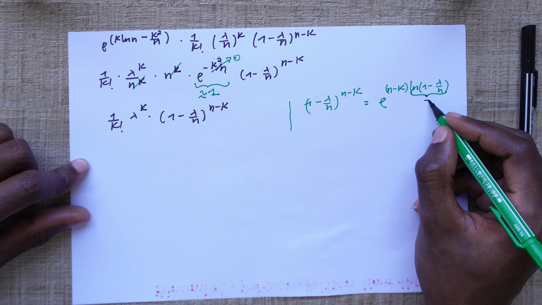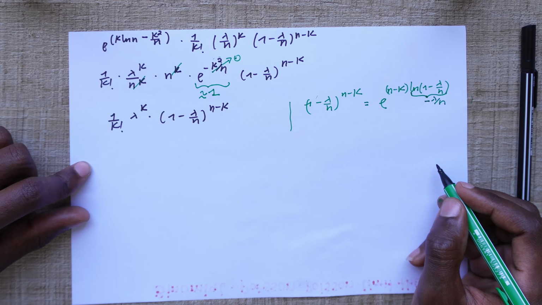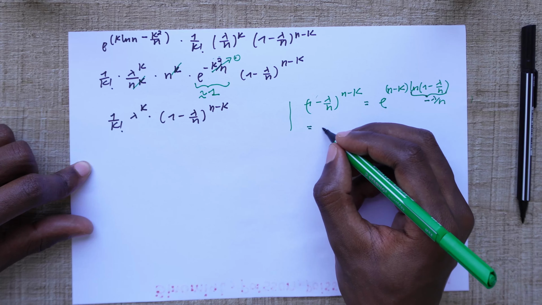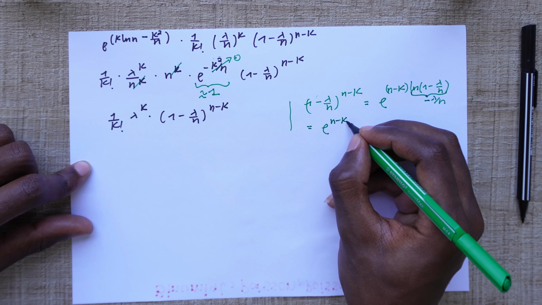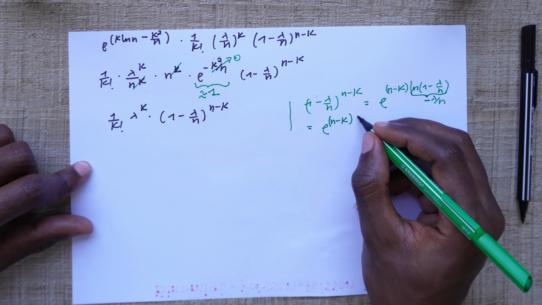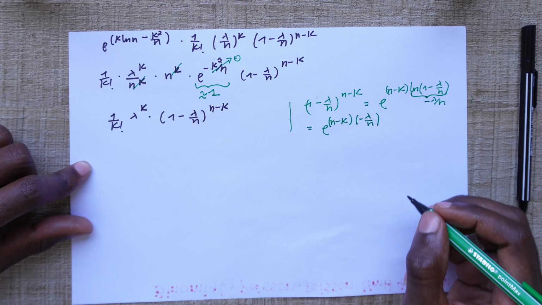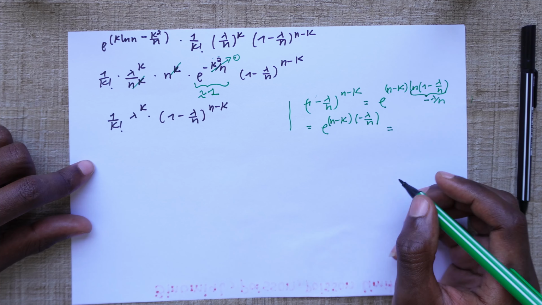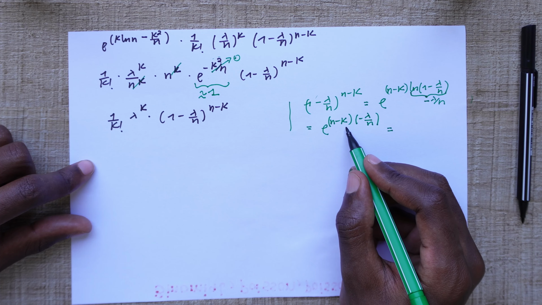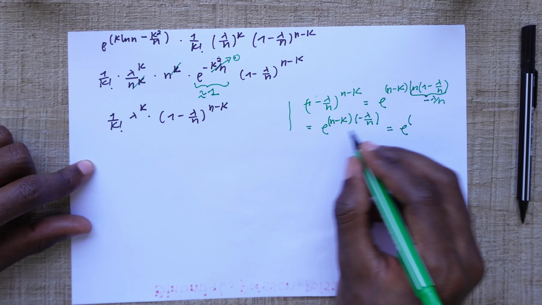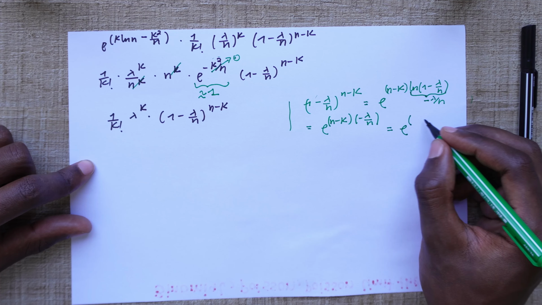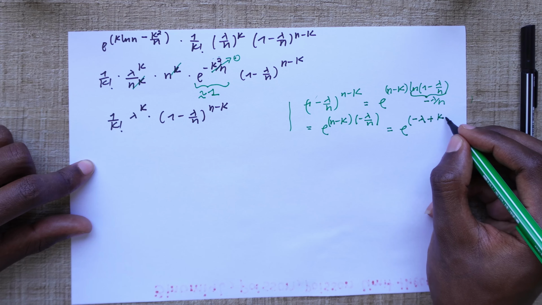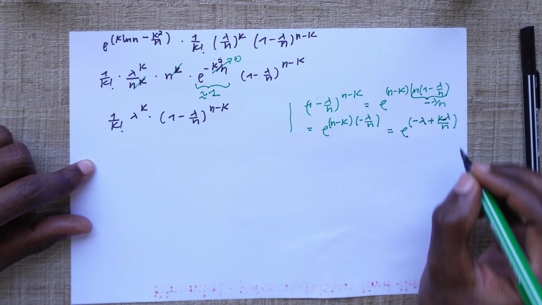So this approximates to negative lambda over n, which means that all this expression becomes e to the power n minus k times negative lambda over n. And we can simplify this as e to the power minus lambda, okay, and then plus k lambda over n.